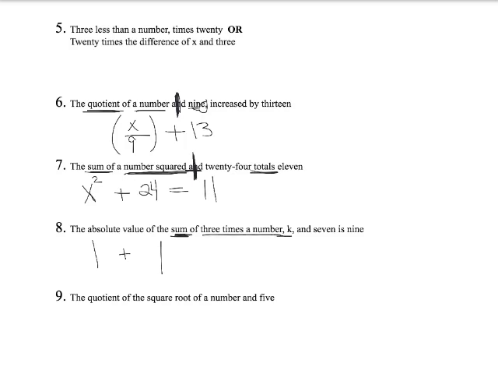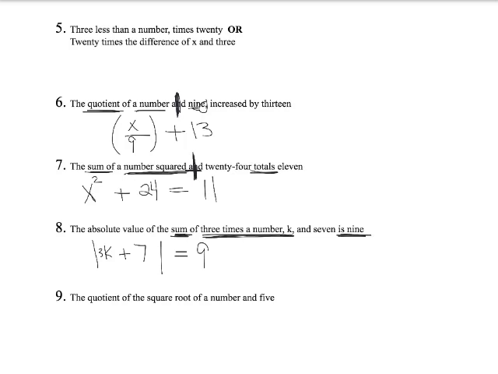Remember, to show multiplication with a variable, 3 times k, I can just put the 3 and the k right next to each other. That means 3 times k. So we're adding 3 times the number k and 7, is 9, so equals 9.